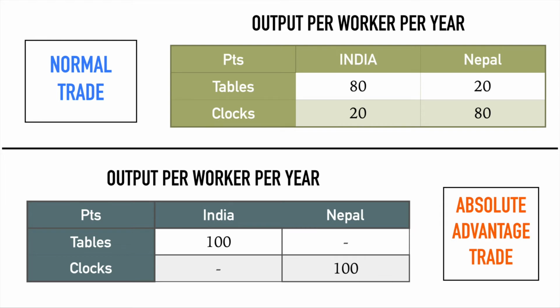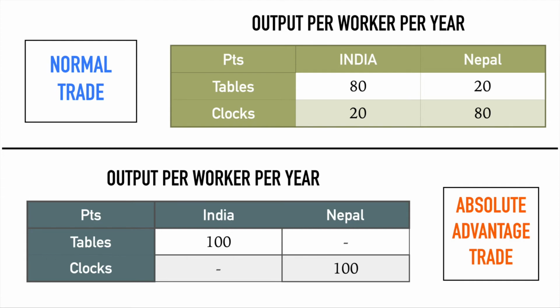In India, one person can produce 80 tables. In Nepal, one worker can produce 20 tables. Second item, clocks. India can produce with one laborer 20 clocks in one year, whereas Nepal's one worker can produce 80 clocks in one whole year.